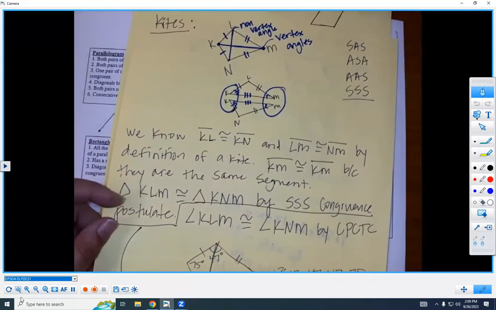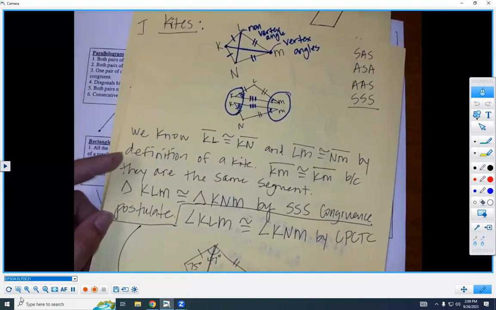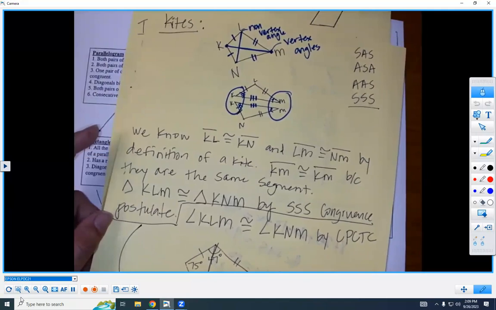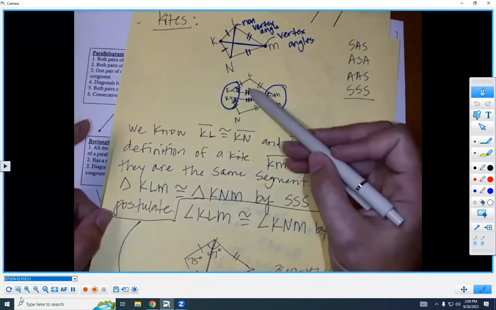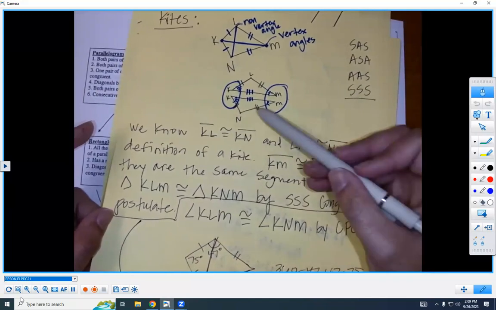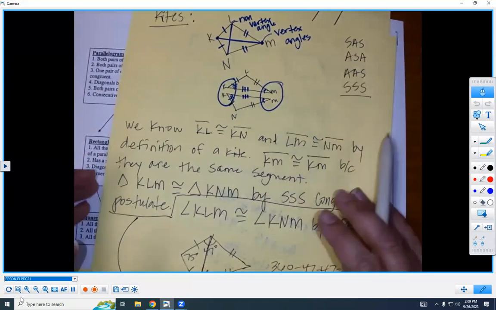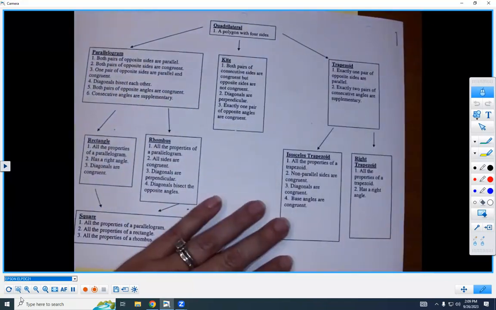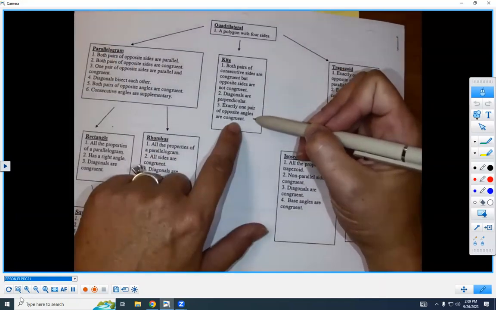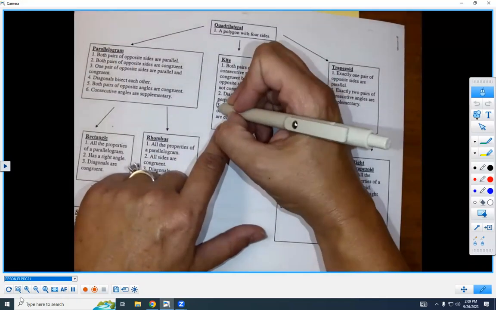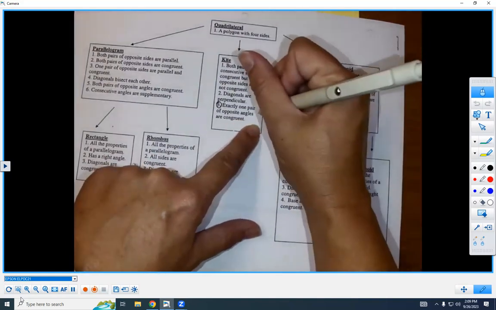The first thing we proved on a kite was that KLM and KNM are congruent. So non-vertex angles are congruent was the first thing we proved. That was number 3: exactly one pair of opposite angles are congruent. Okay, so we proved that.